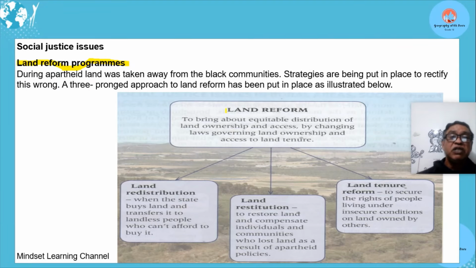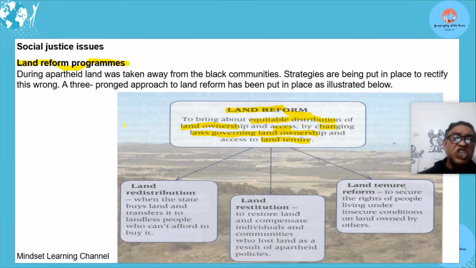So let's look at the first thing, land reform. It was to bring about equitable distribution of land ownership and access by changing laws governing land ownership and land tenure access.